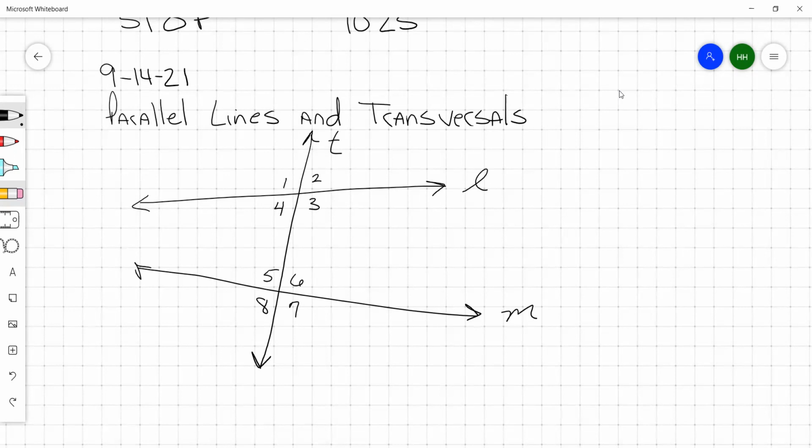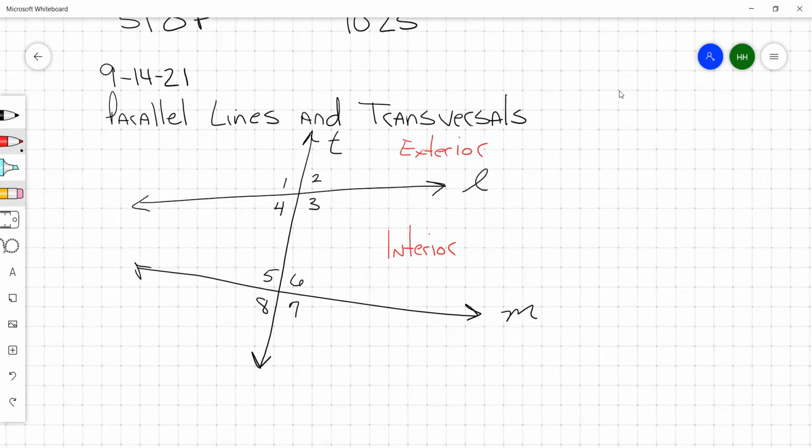In this diagram, the region in between line L and line M is called the interior. It's in between the two lines that are cut by the transversal. Everything outside, or everything to the top of L, that's the exterior.